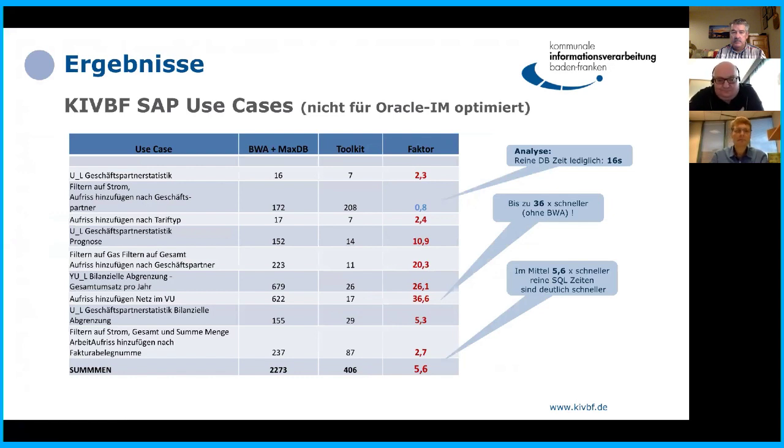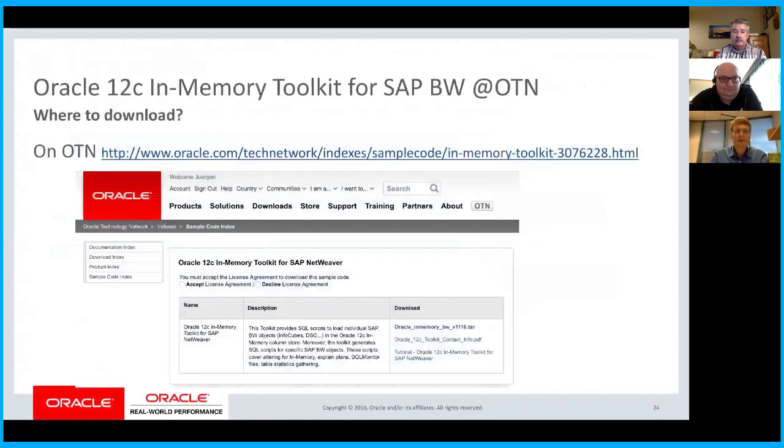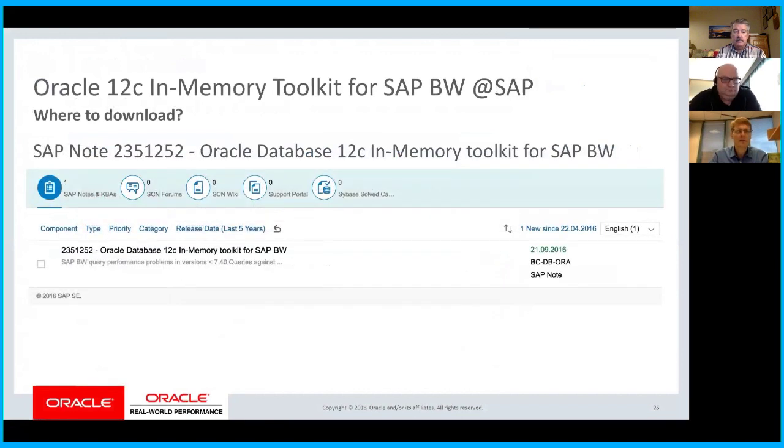So this is, I think, the last result slide. Here is a link to the in-memory toolkit, which is available through OTN, and you can download it from there. There is also a SAP Note where you can download an in-memory toolkit directly from the SAP environment.